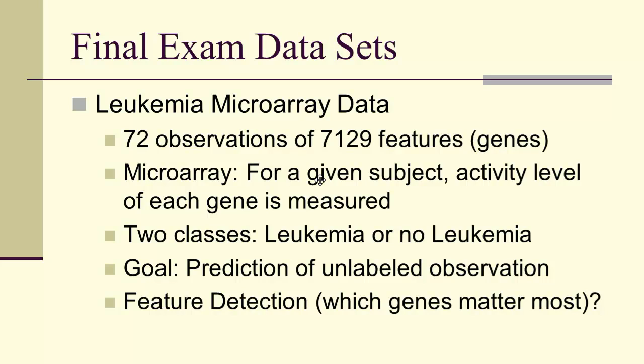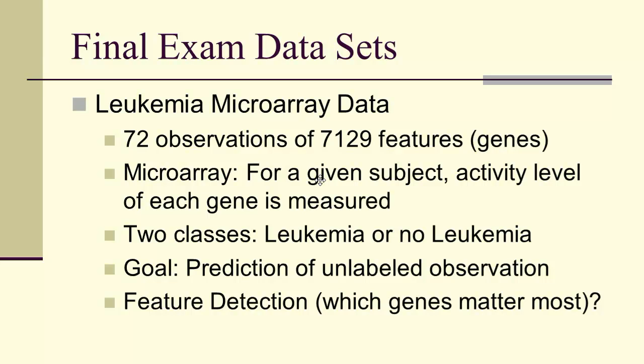So essentially, you take a biopsy, you do a genetic profile of the biopsy, you look at how each of the 7,129 genes, how much activation there is. And you do this for 2 classes, a class with leukemia and a class that does not have leukemia.